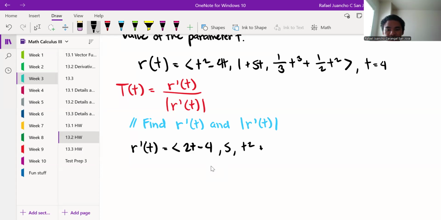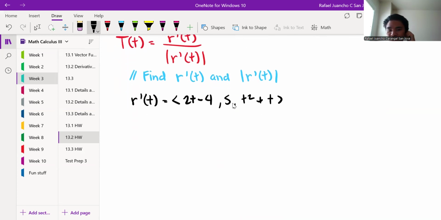Then I add that to the derivative of this thing, so this is t, because 1/2 put the 2 down. This is 2 minus 1, so that's t. There we go. So that's that.